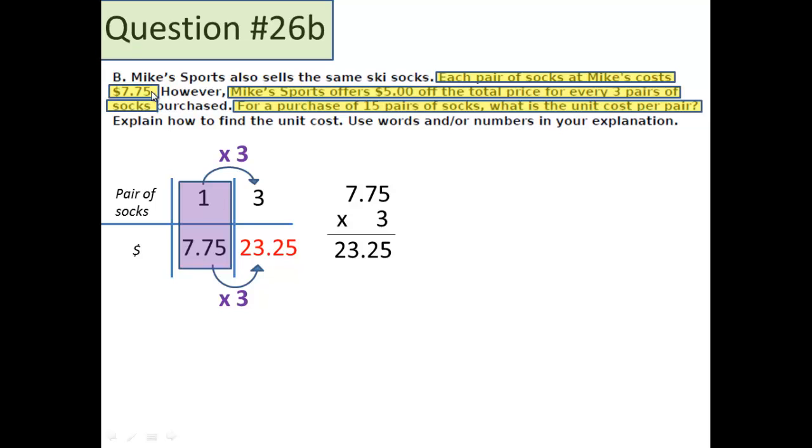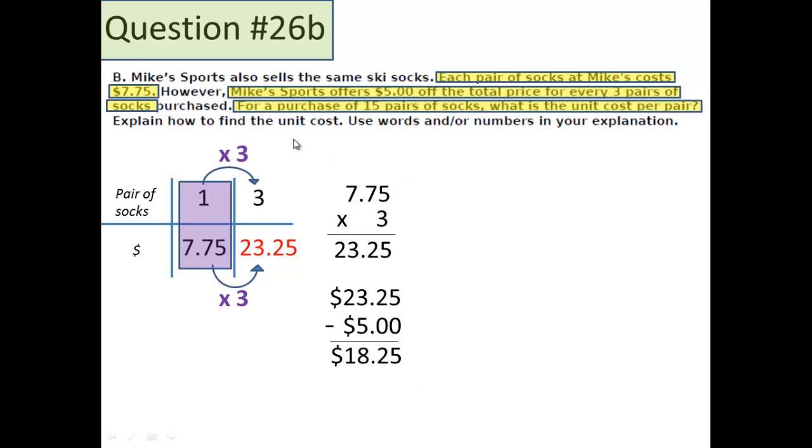So if you bought 3 pairs of socks at Mike's, it would cost you $23.25, but he offers $5 off for every 3 pairs of socks. So here's the thing. You have to take this and subtract $5 from it. So it really costs you, for 3 pairs of socks, $18.25. Okay? That's first most important thing.